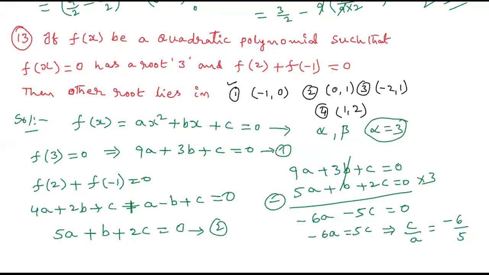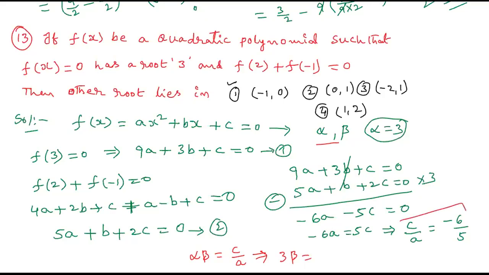But here alpha and beta are roots of the equation, so what is the product of the roots? The product of the roots is equal to c by a. This is the formula, but one of the roots is given as 3, so in place of alpha I substituted 3. 3 beta is equal to c by a. What is the c by a value?